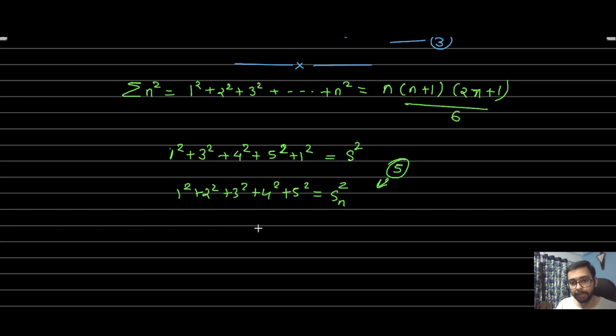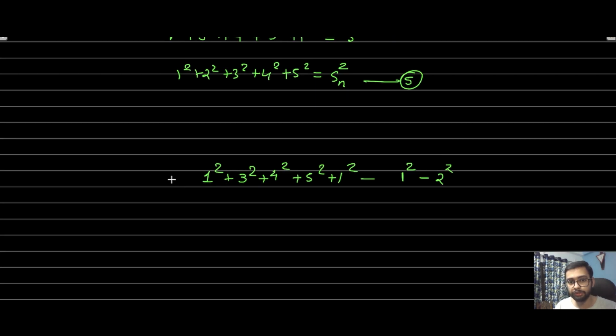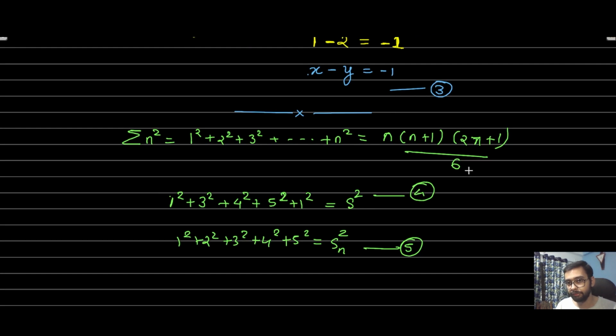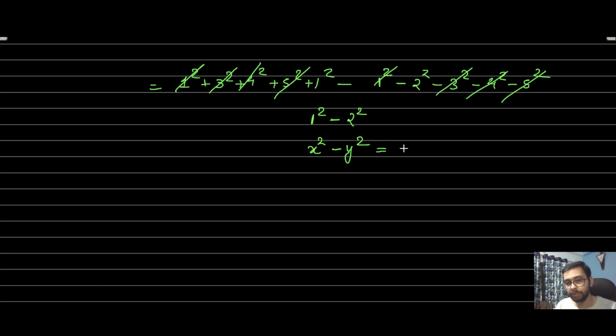On subtracting these two equations, that is equation number 4 and equation number 5, after solving this, we are left with 1 square minus 2 square. That will be our x square minus y square that we have previously discussed. We know the formula that x square minus y square will be x plus y into x minus y.